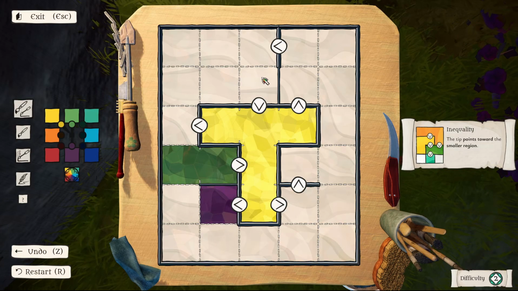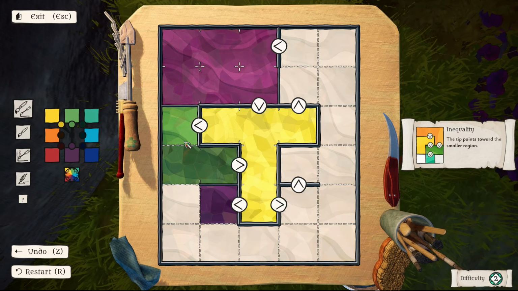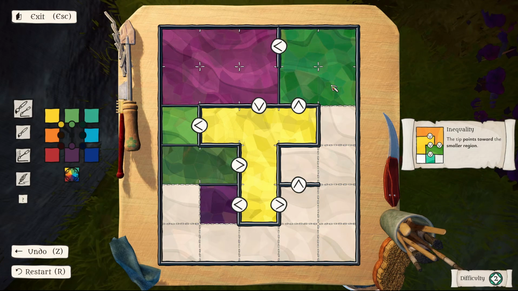So I need at least a 6 up here. Whatever that is, smaller than a 6. And given where my lines are, I think this then has to be a whole shape. And this has to be on its own. Now this has got to be more than a 6, so it's got to be at least 4, 5, 6.